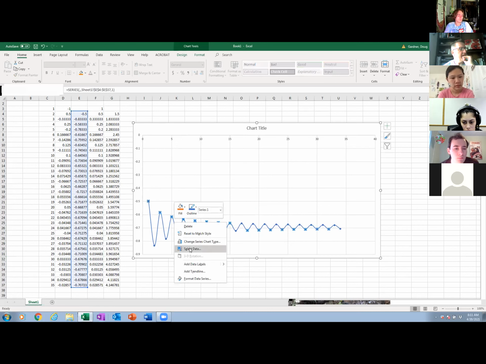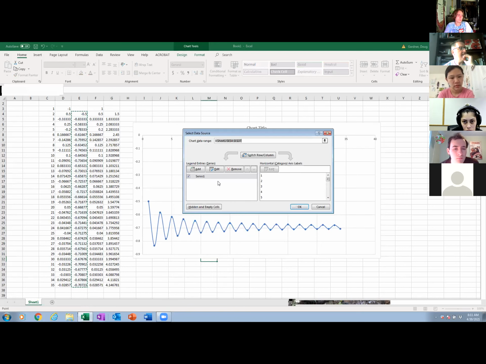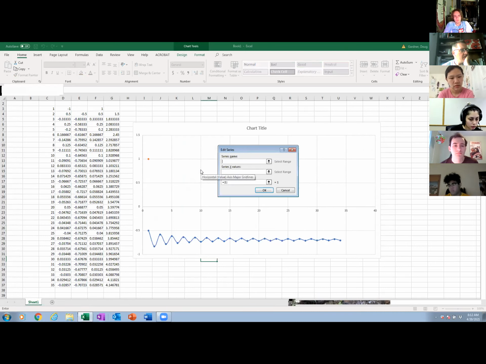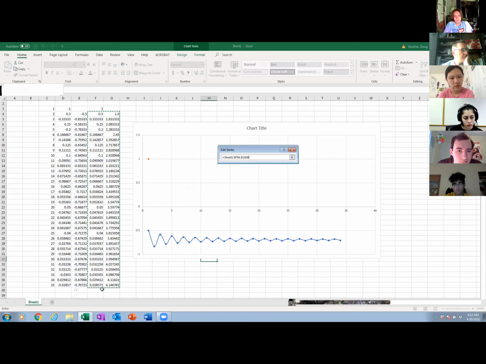Let's see, who's good at Excel? Can I add a second graph to the same exact graph? That's what I want to know. Add a series. Can I add one? Series name, I don't care. X values. Those guys right there.